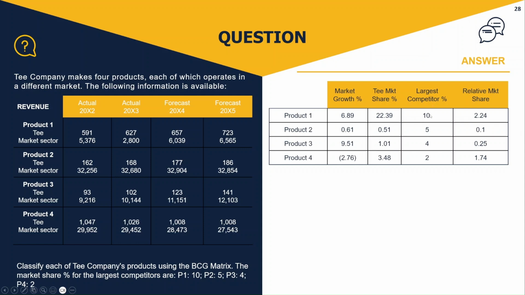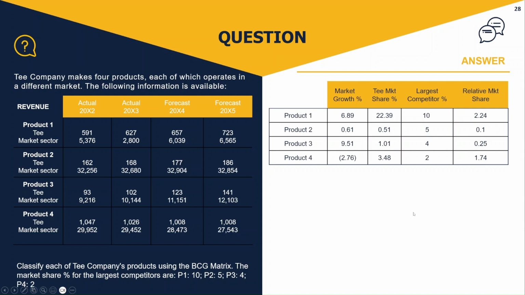So largest competitor is 10, 5, 4, 2. Our relative market share, if we take our market share and divide it by our largest competitors: 22.39 divided by 10 gets me 2.4. We've got 0.51%, so 0.5%, and they've got 5, so we've got 0.1, 0.25, 1.74.